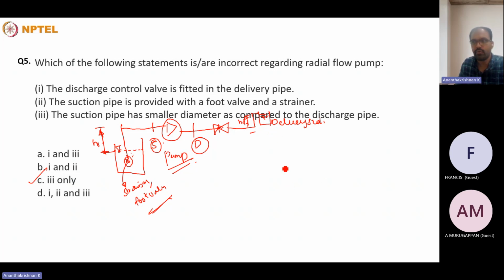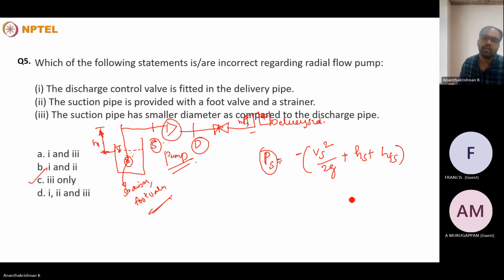To understand it, we have to derive the actual pressure at the inlet to the pump, at the impeller eye area. The suction side gauge pressure PS is given as the negative of Vs squared, that is the suction velocity, the velocity in the suction pipe, plus the static head, the height above the sump where the pump is installed, and the friction head losses.